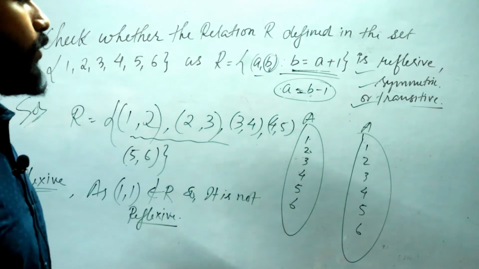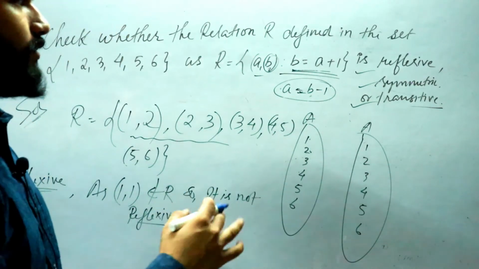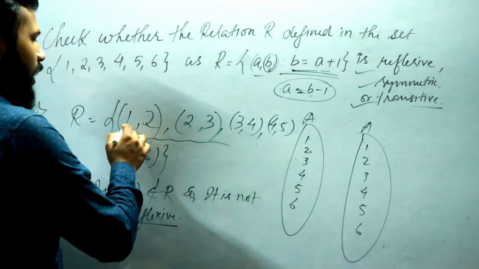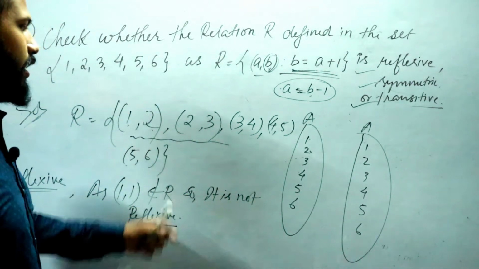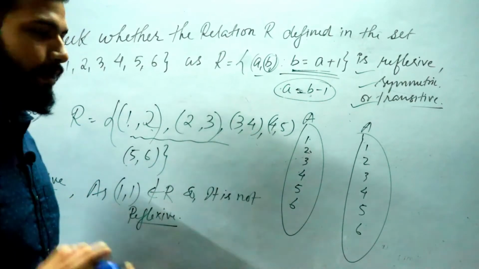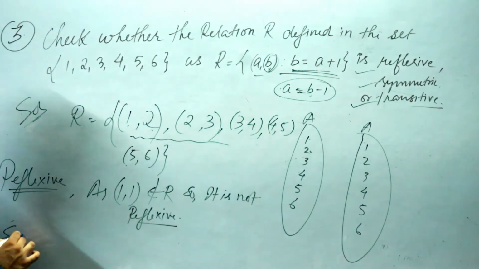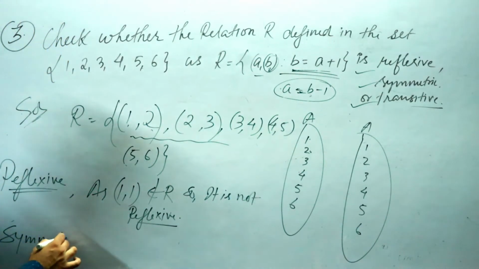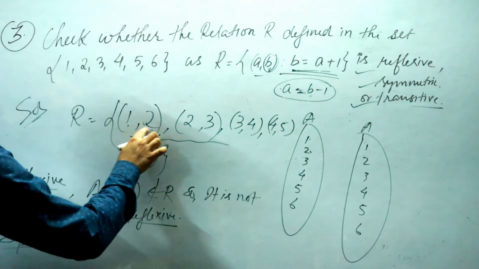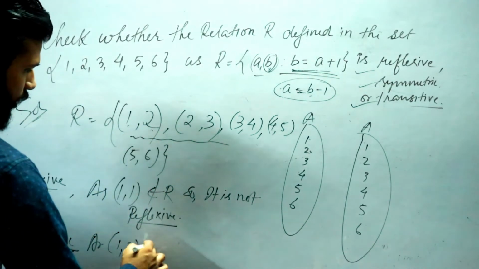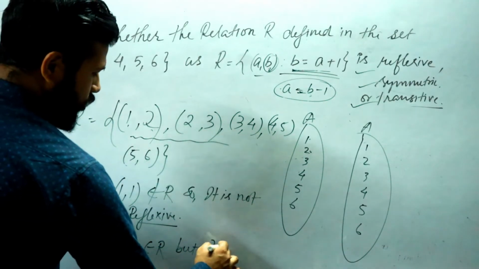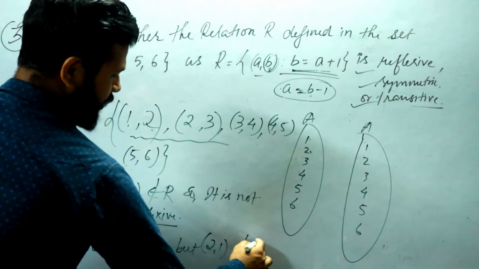Now let us see whether it is symmetric or not. Symmetric means when (A, B) is present, (B, A) is present or not. Now you can see there is (1, 2), but (2, 1) is not present. There is (2, 3), but (3, 2) is not present. So we can clearly say that it is not symmetric. Let us prove it: (1, 2) belongs to the relation, but (2, 1) does not belong to the relation.